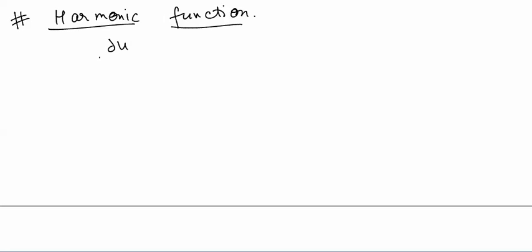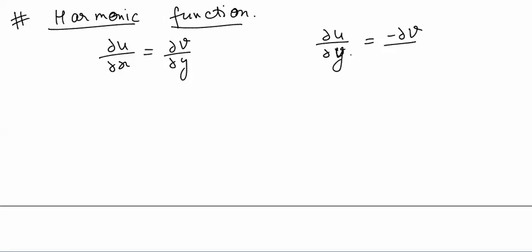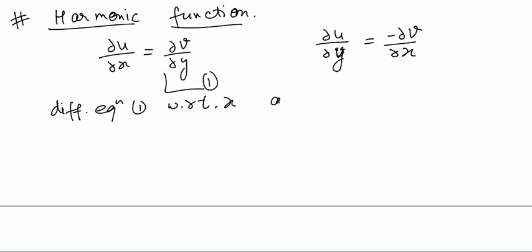The CR condition says that del u by del x should be equal to del v by del y, and del u by del y should be equal to minus del v by del x, right? Let us say we differentiate the first equation with respect to x and the second equation with respect to y. What will we get?